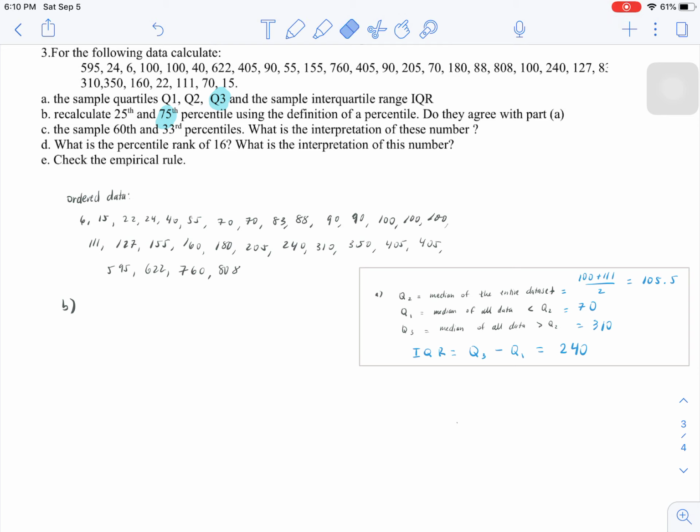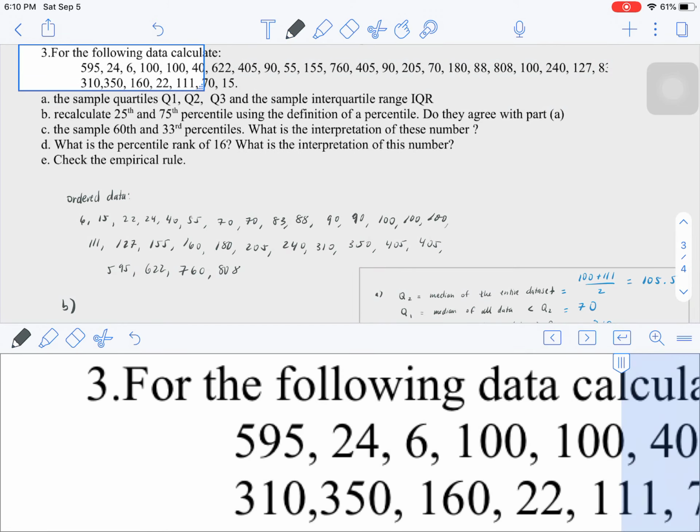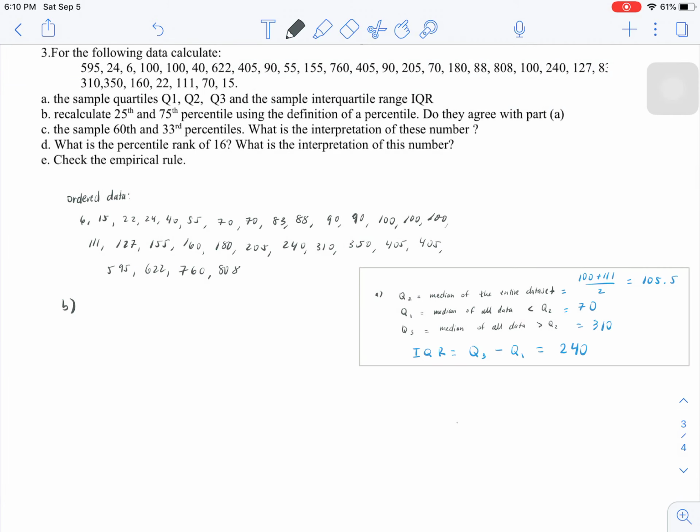That's equivalent to Q3. We want to find the 25th and 75th percentiles using our definition of what a percentile is, and then check if they give us the same numbers as Q1 and Q3 that we just calculated. So let's go ahead and do that.